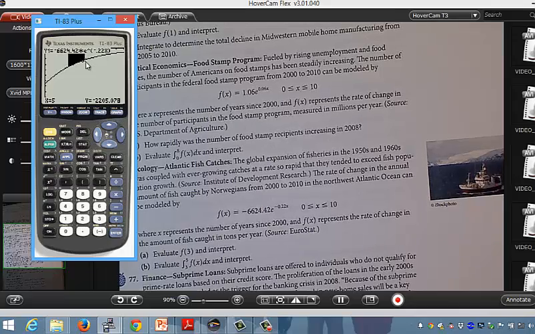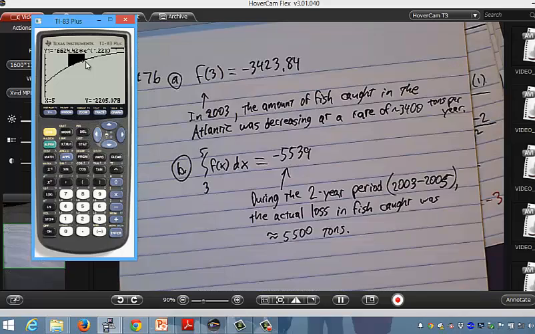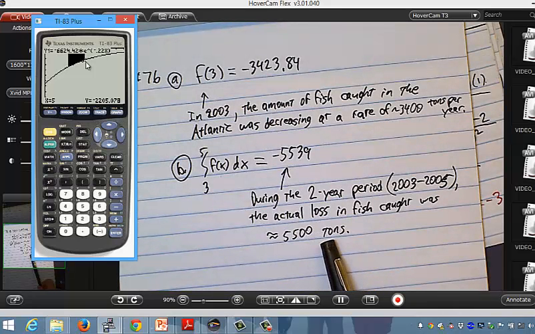Tons of fish. So anyways, I think that's a pretty nice example to show the difference between a rate and an accumulation. Integrating a rate function gives you a total accumulation. Okay.